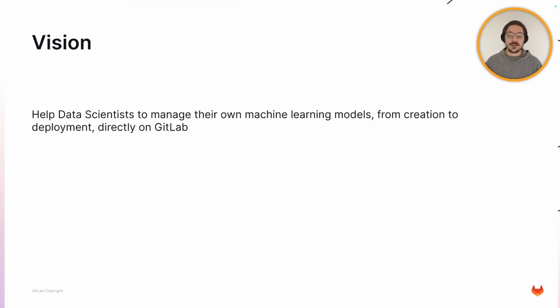So instead of the data scientist creating a model and shipping the code to a DevOps team for them to manage, I would like for the data scientists to be able to use GitLab to help with that whole process. So the data scientists can create their machine learning model with GitLab, store the code, store the model artifacts, create a pipeline for this, and ship the model to production, all managed through GitLab.